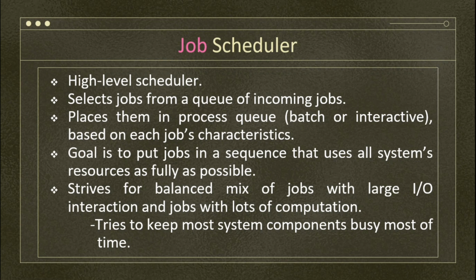It strives for a balanced mix of jobs with large I/O, or input-output, interaction and jobs with lots of computation. It tries to keep most system components busy most of the time. So imagine the job scheduler is like a personal assistant for your computer, helping it manage and organize tasks efficiently. A job scheduler handles a computer's tasks or jobs.